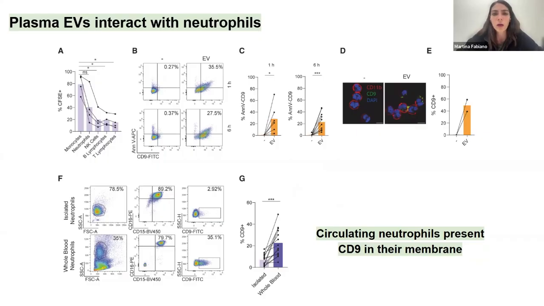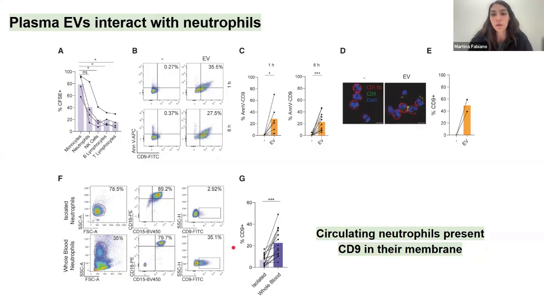So that made us think that we could be losing that interaction between CD9, between EVs that expose CD9, and neutrophils. So what we decided to evaluate were the same blood donor samples in a comparative way, in which we isolated neutrophils and compared them with their whole blood neutrophils.